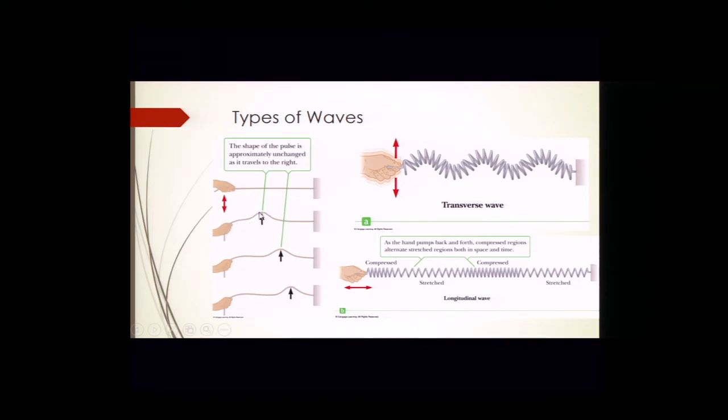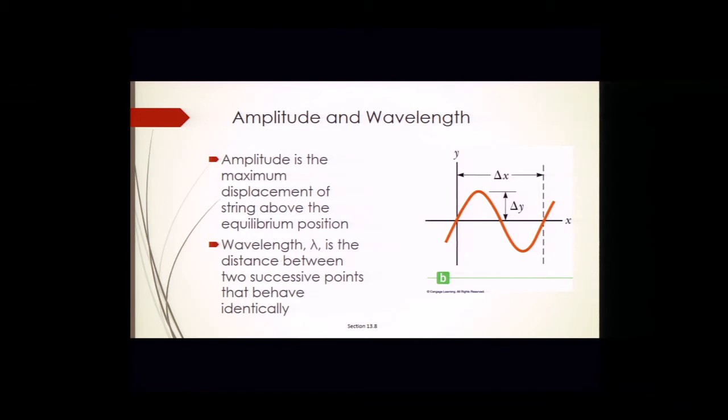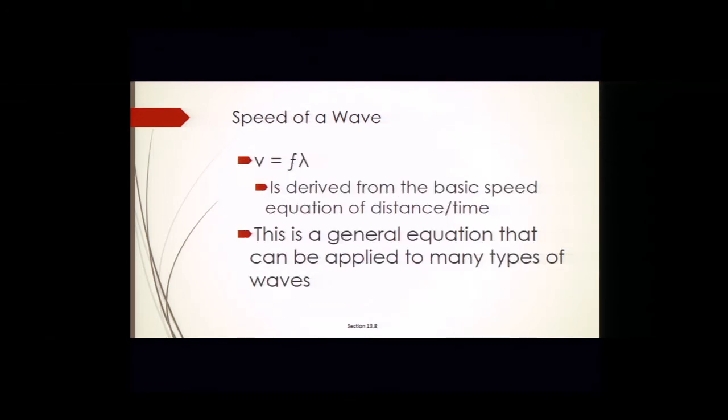Not only do I have to worry about how this is going up and down, I have to worry about how this pulse is moving through the medium. How that pulse is moving down that string. So now I have to worry about where is it? Where is the pulse?